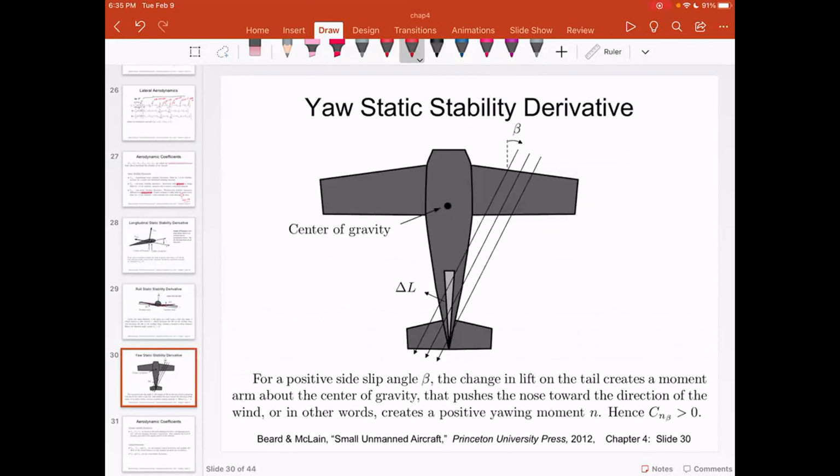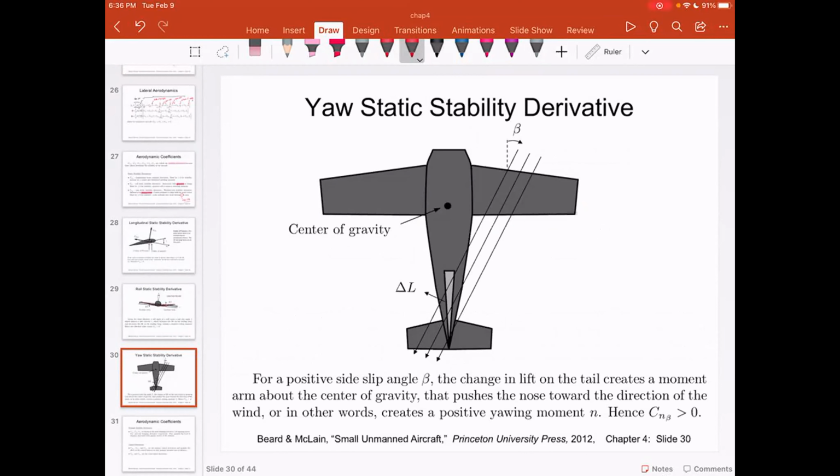The yaw stability is with respect to the tail design. And once again, please understand this has to do with the side slip. So if you look at the side slip angle beta, that angle beta is positive with respect to the down direction. So in other words, if the value of beta increases, then you would have a differential lift on the tail, and that will cause aircraft to self-correct.